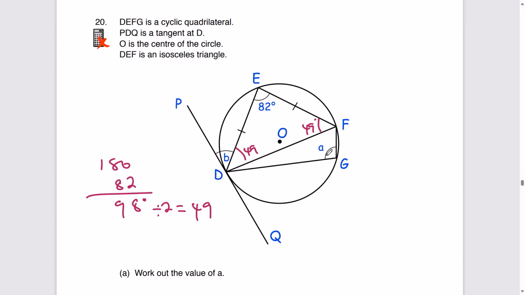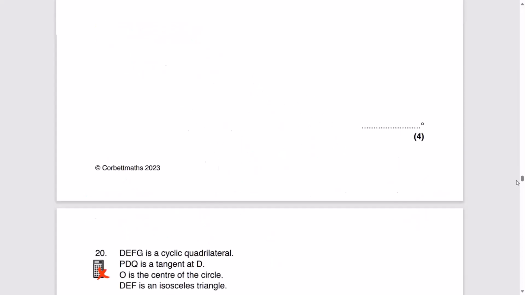So angle A will have to be 180 minus 82. That's going to also be 98. So this angle is 98. A is 98. What did you get? I got the same thing. Good. So A is 98 degrees.